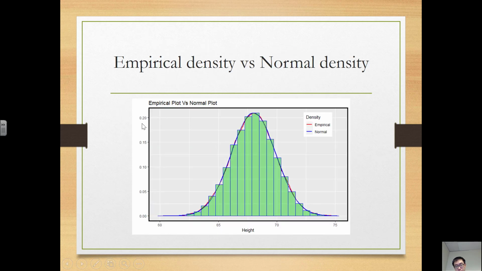So you can see that the empirical density plot, which is in red color, is really close to the fitted normal distribution, which is in blue color. So in this example, we can say that normal distribution is good enough to describe this height data. And also this is evidence to say that a lot of data just follow normal distribution.